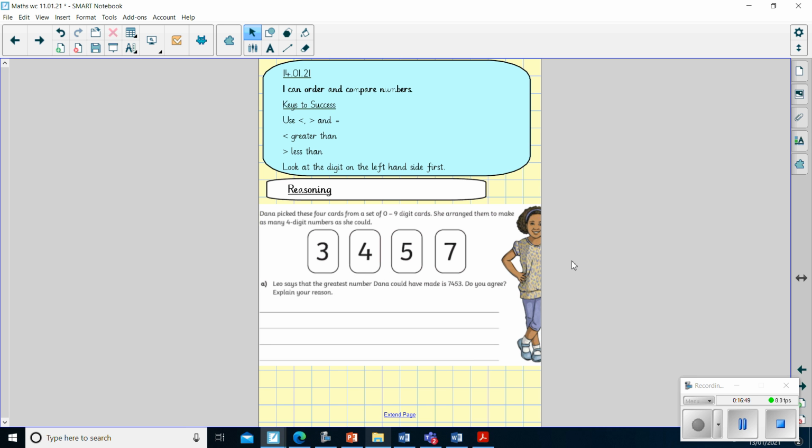Okay, so we've got a reasoning question now, and we've got Dana back from earlier on in our lesson. Dana has picked 4 cards from a set of cards, and she's arranged them to make as many 4-digit numbers as she could. So she chose 3, 4, 5 and 7.